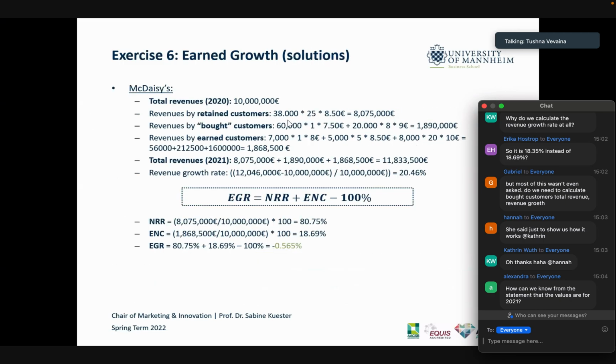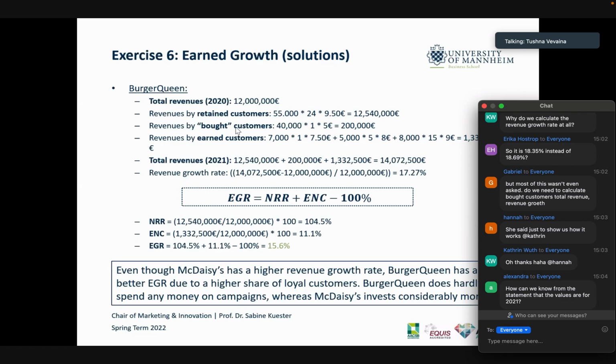With bought customers in Burger Queen you have just 200,000, which shows you're buying much fewer customers than you're actually earning. That's the reason we calculate both bought customers and revenue growth rate. I hope that answers you all.